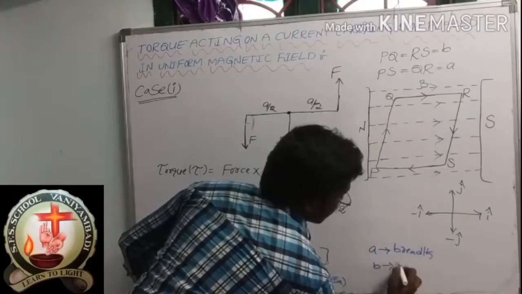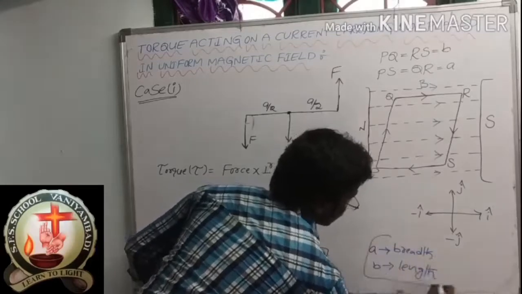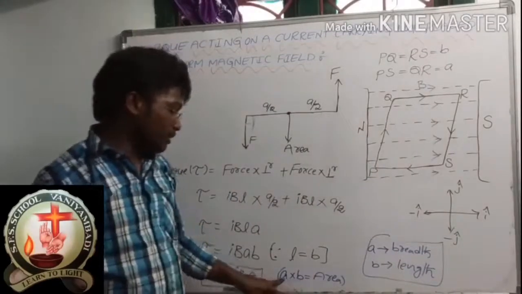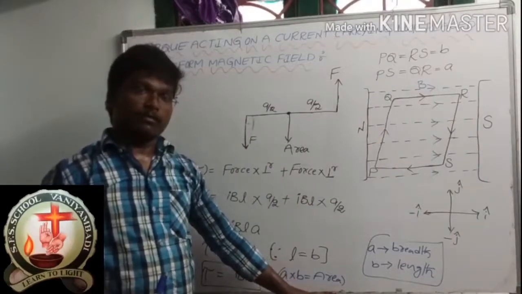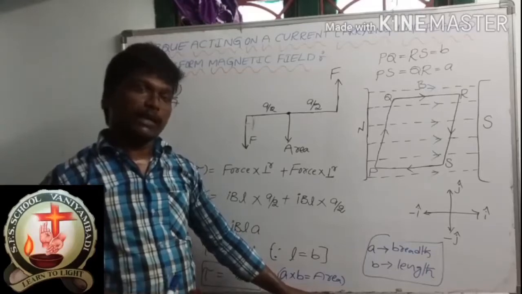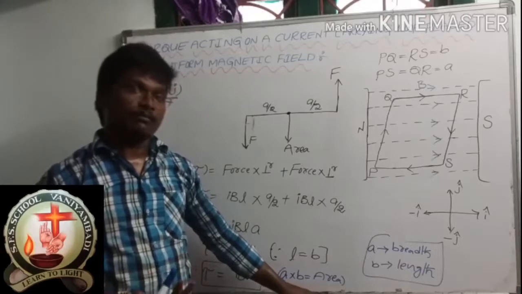Length into breadth, sorry, breadth into length is area. Okay, so this is the formula of area, length into breadth, area of a rectangle.